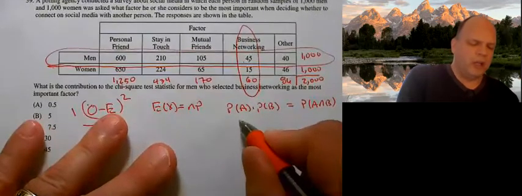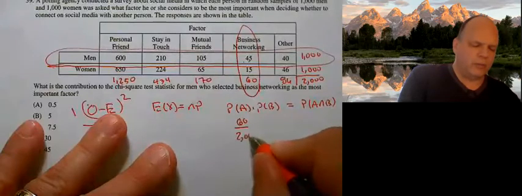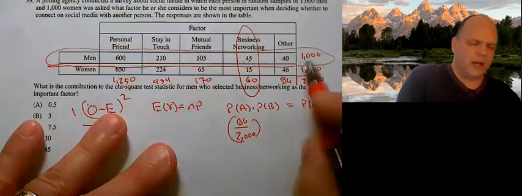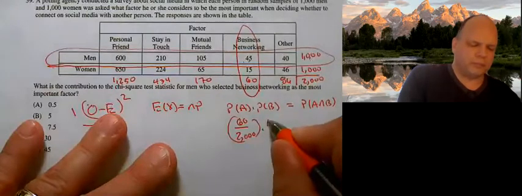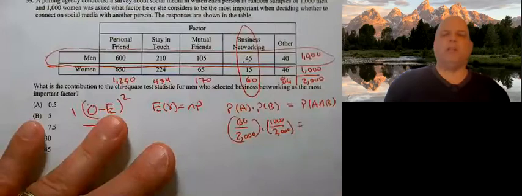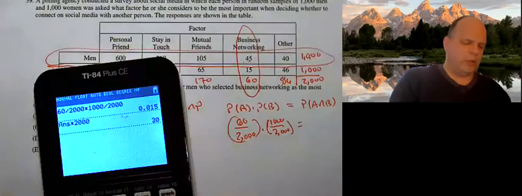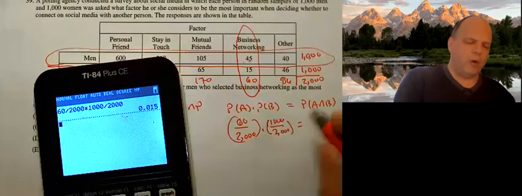So this is going to be 60 over 2,000 times 1,000 over 2,000. And that gives me the probability of my intersection. When I multiply this out, 60 divided by 2,000 times 1,000 divided by 2,000 equals 0.015.